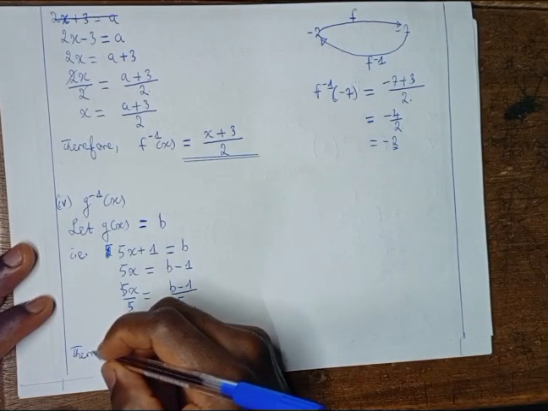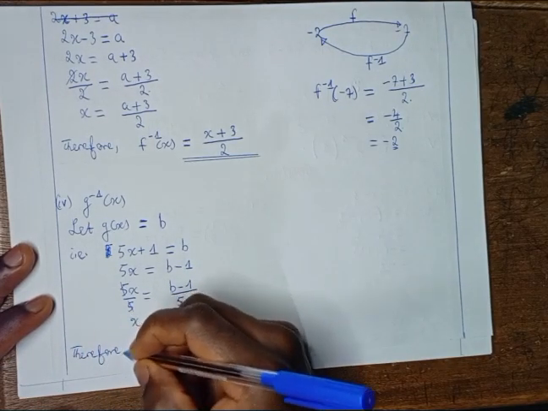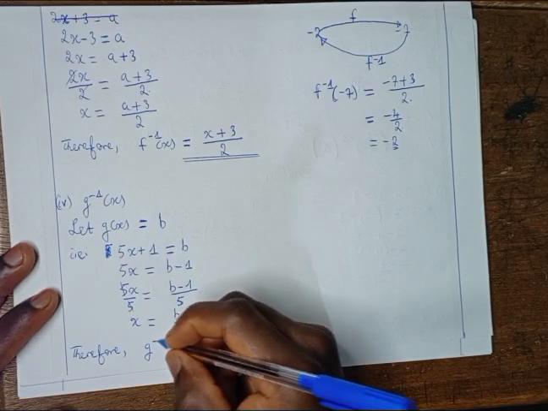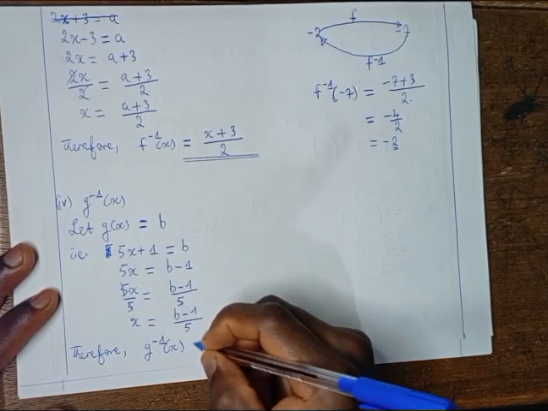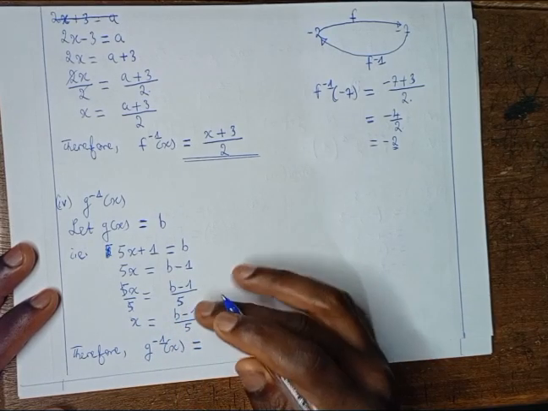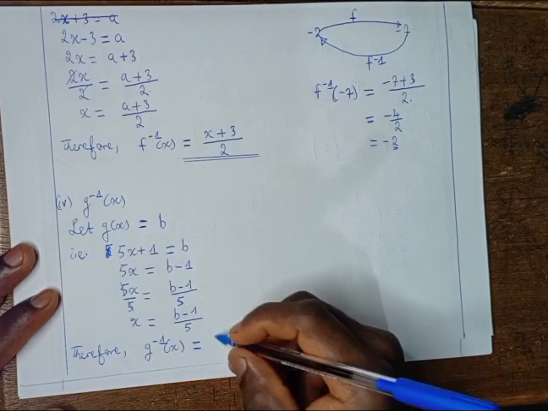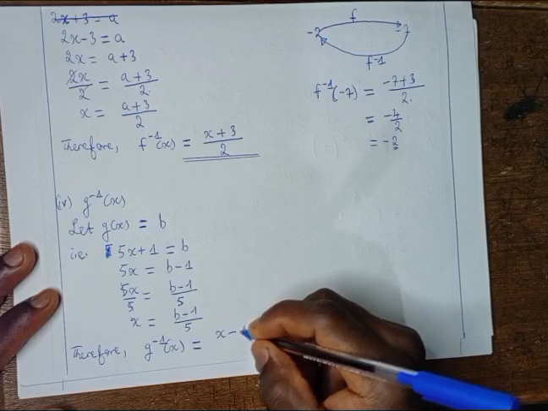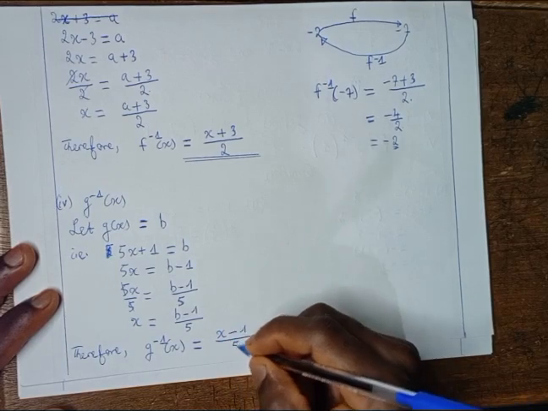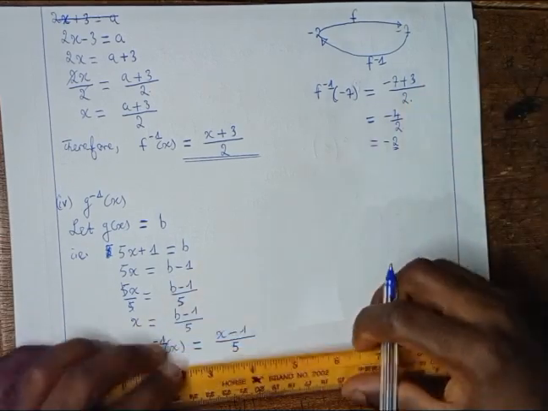Therefore, for our inverse function, g inverse of x, we replace the variable b with x. So g inverse of x is equal to x minus 1 all over 5. It's our inverse function.